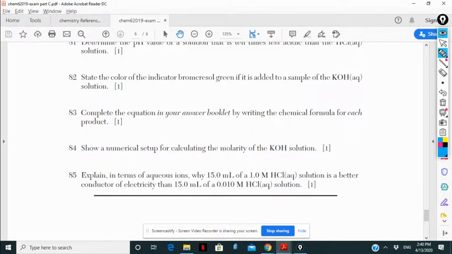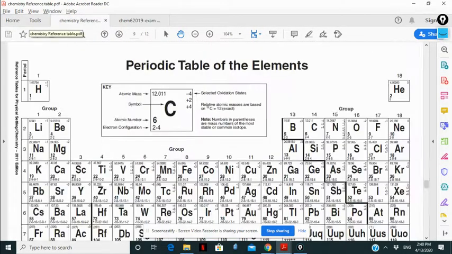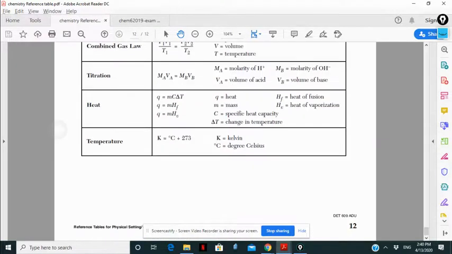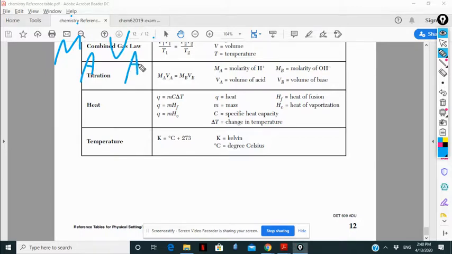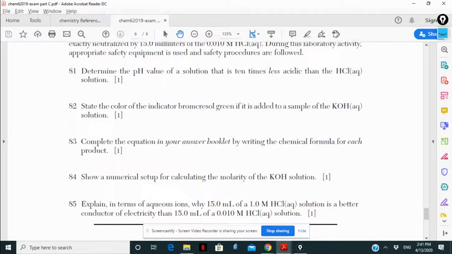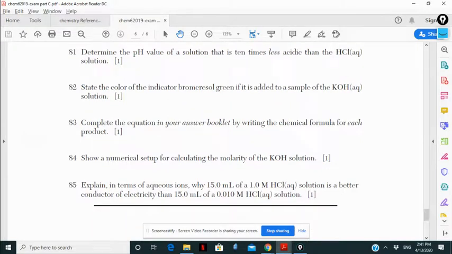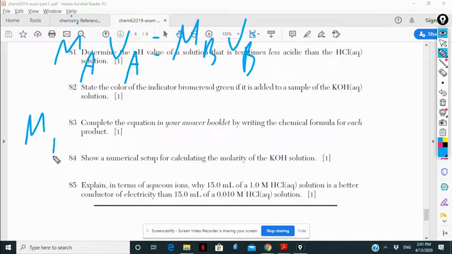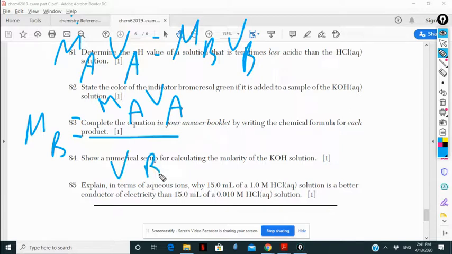Show the numerical setup to calculate the molarity. So in that case, I'm doing neutralization. So the neutralization rule is over there: molarity of acid times volume of acid equals molarity of base times volume of base. Okay, so I get the setup. You want the molarity of the base, so the molarity of the base equals molarity of the acid times volume of the acid divided by volume of the base.